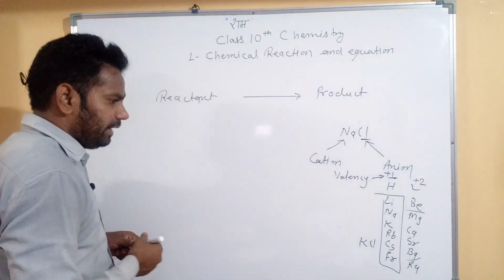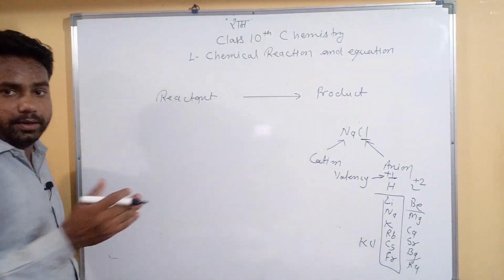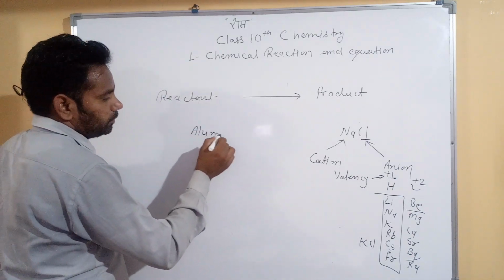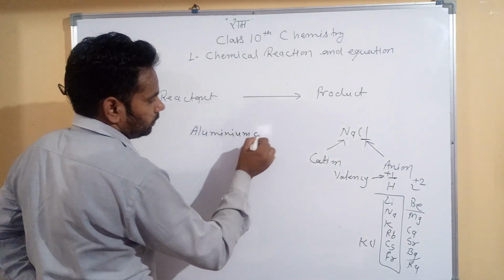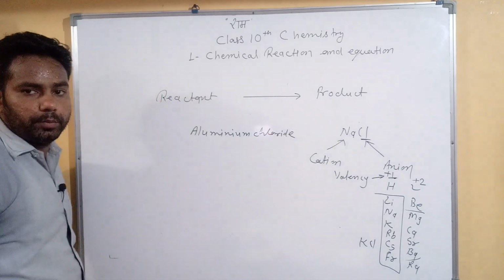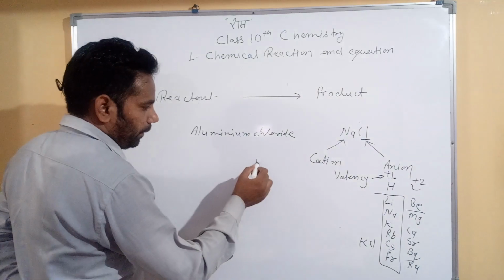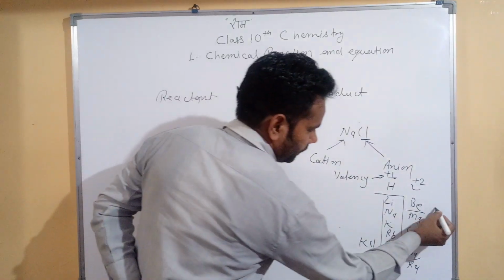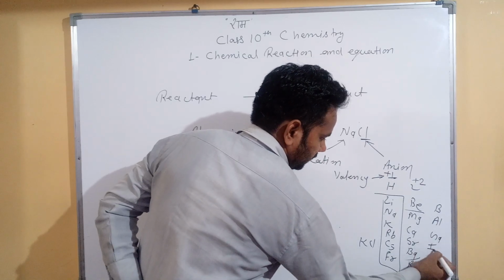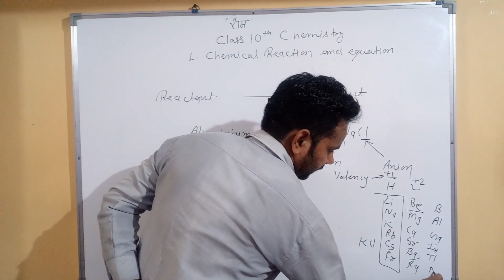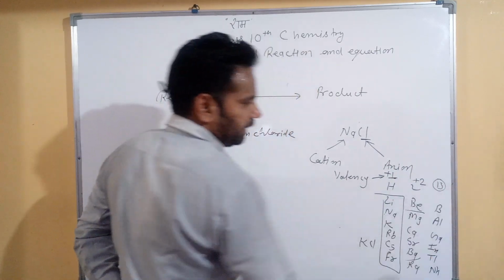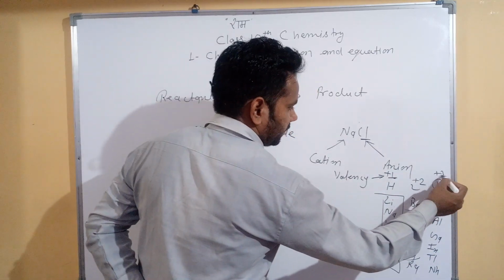One more, again we take aluminium chloride. I want the formula of aluminium chloride. So we know that all elements of group 13 have the valency of +3.